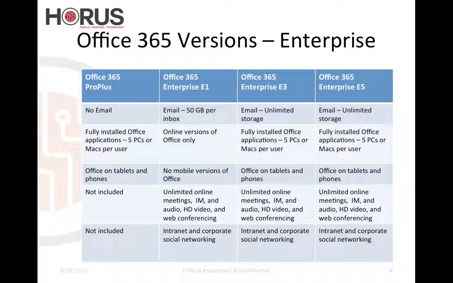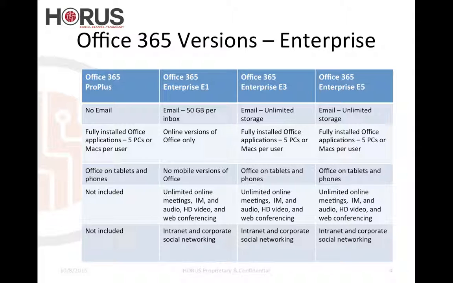Office 365 Enterprise E1 is very similar to Office 365 Business Essentials, in the sense that it only contains the online versions and it has no mobile versions of Office, so you can't install Office on your tablets or PCs.